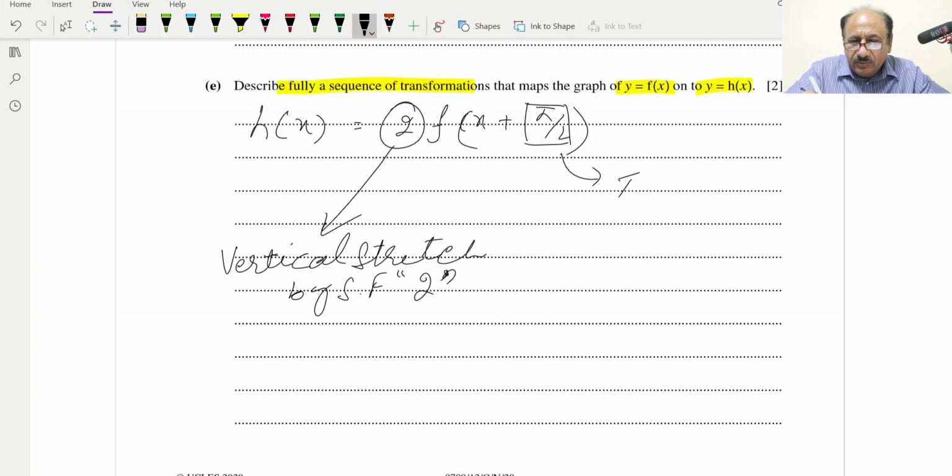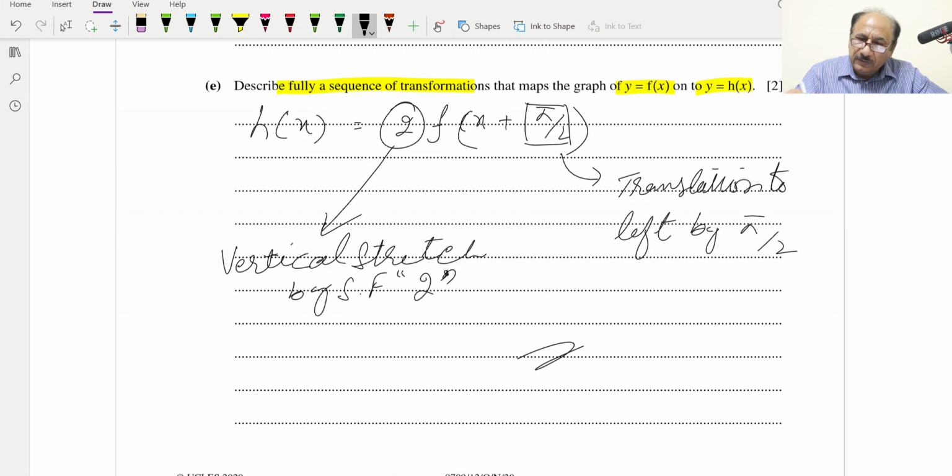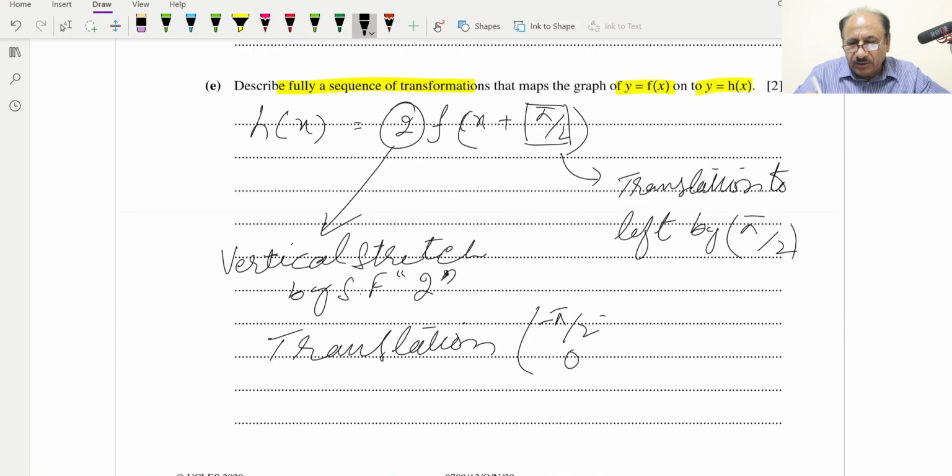This will be translation to left by pi by 2. We can write the translation vector; we will have to provide it, and that will be minus pi by 2 and 0. This will be the final answer for this part.